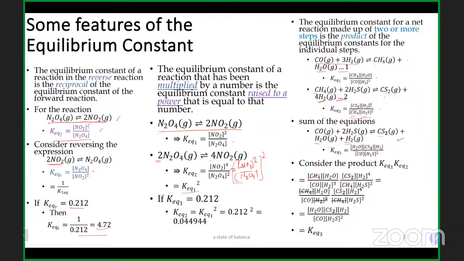There's H2, so H2 to the power 3, so you have 1 here now. So you have H2O, CS2, H2, which is equal to that. So the equilibrium constant for a net reaction made up of 2 or more steps is the product of the equilibrium constants of the 2 reactions.